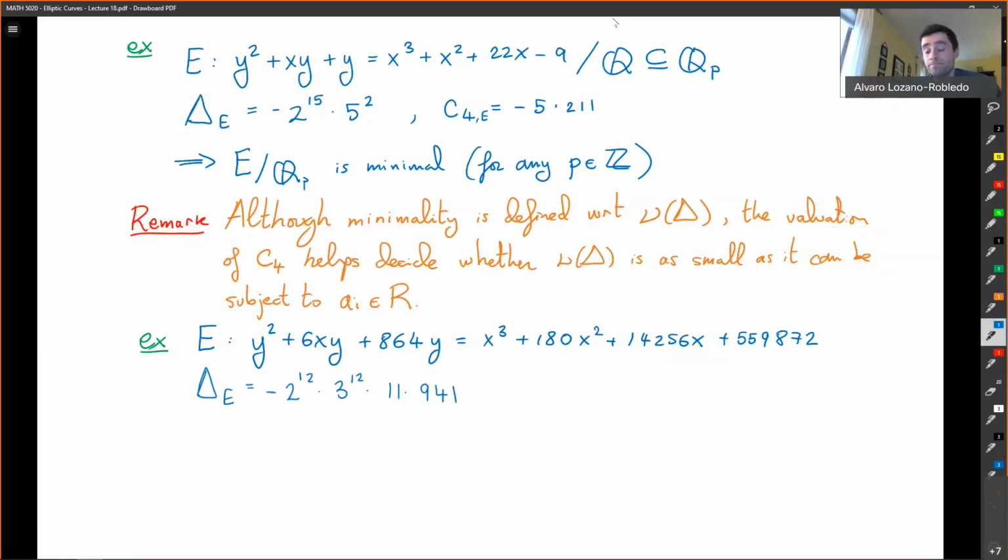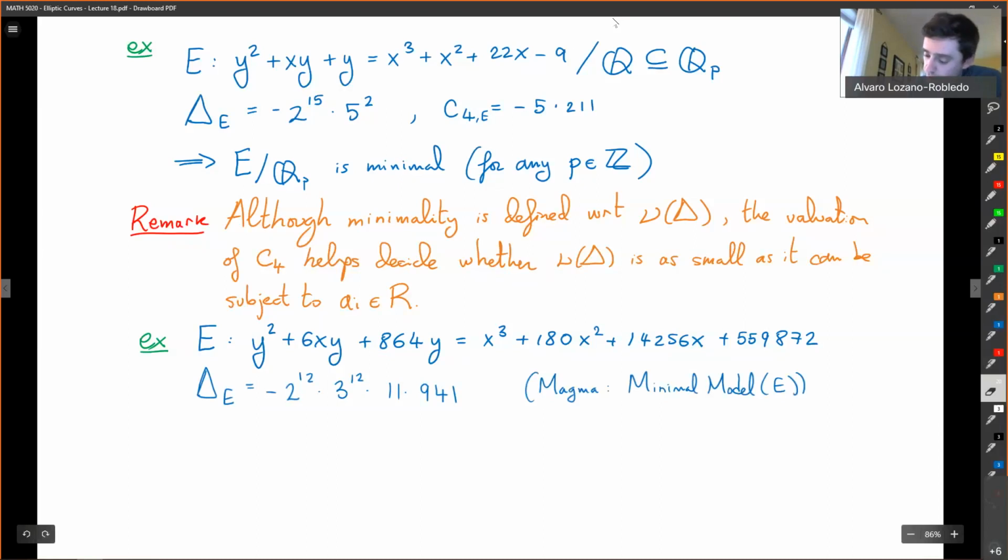So you can play with possible changes of variables, and in fact, in Magma, this can be done. In Magma, you can use, for example, the command MinimalModel of E. Oops, too many parentheses here. That would bring you to a minimal model.